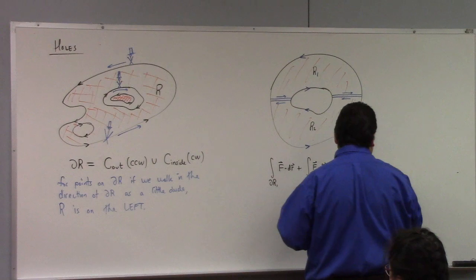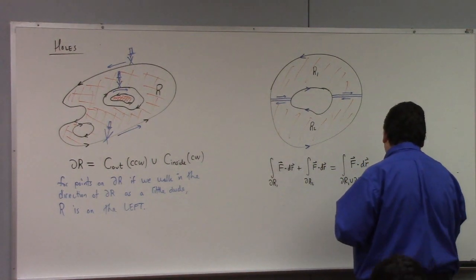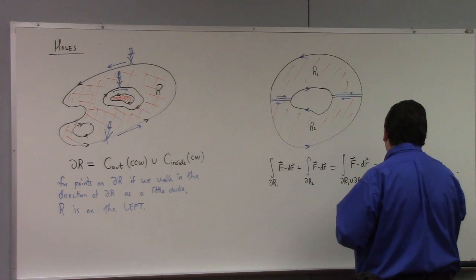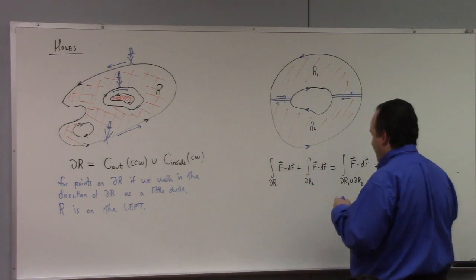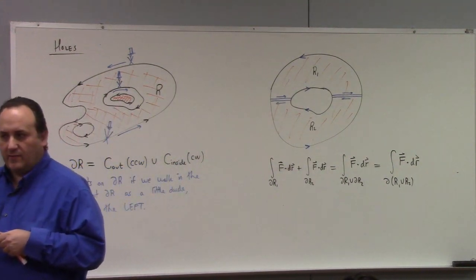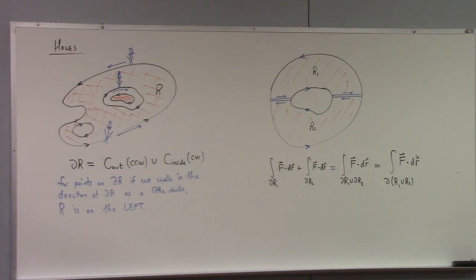Which, by the way, would just be equal to the integral over the boundary of the union of the upper and lower half. Do you see why the crosscut, the new edges, the blue edges on R1 and R2, don't contribute anything to the integral over the whole boundary of the union of the two? Because it's the same set and its reversal, so those just cancel out.